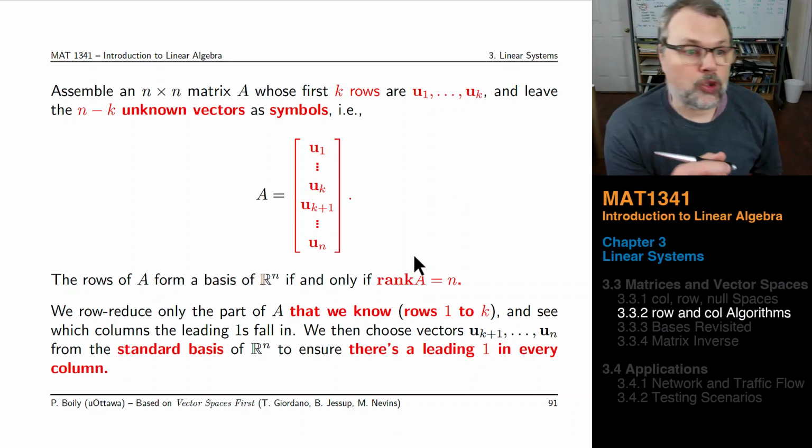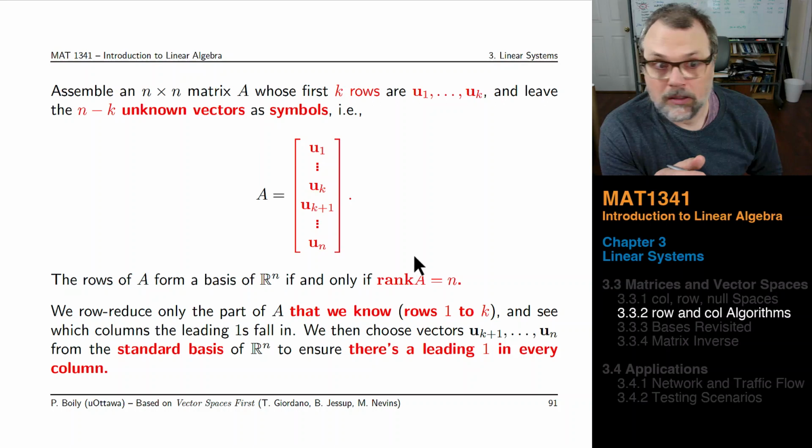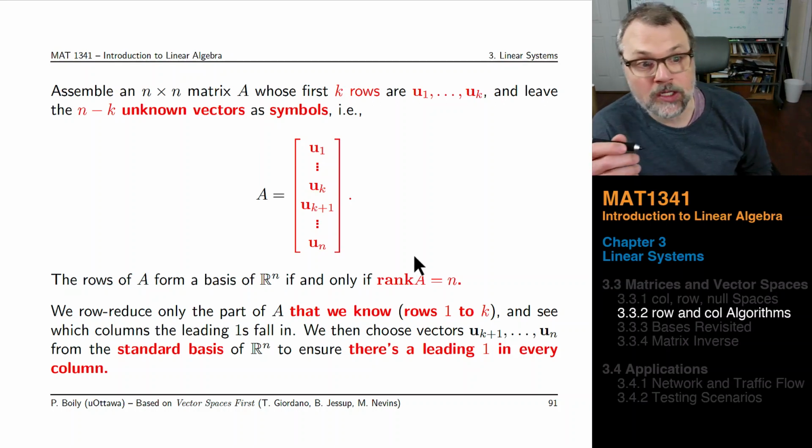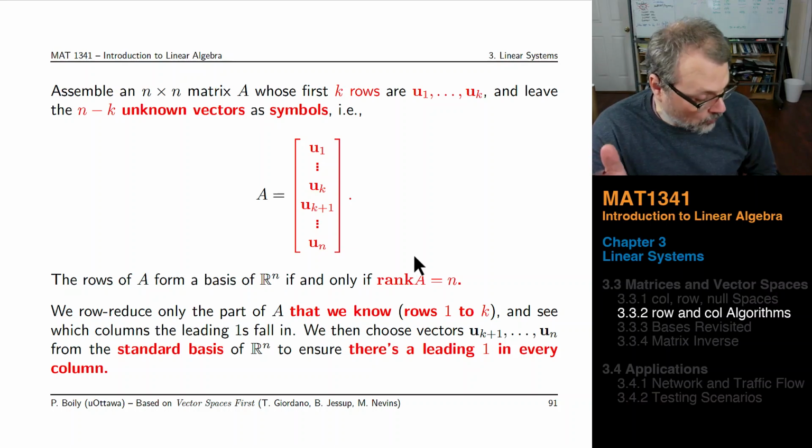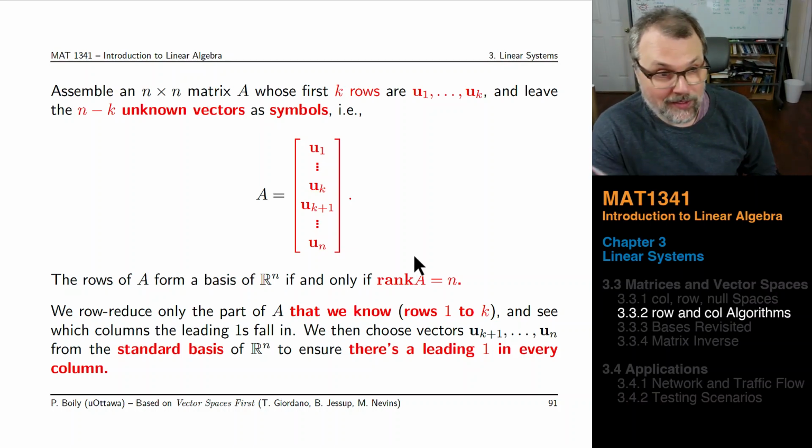We can start row reducing the matrix A, but the only part that we can work on is the part that we know, like rows 1 to k. And once we do that, we see which columns the leading ones fall in.